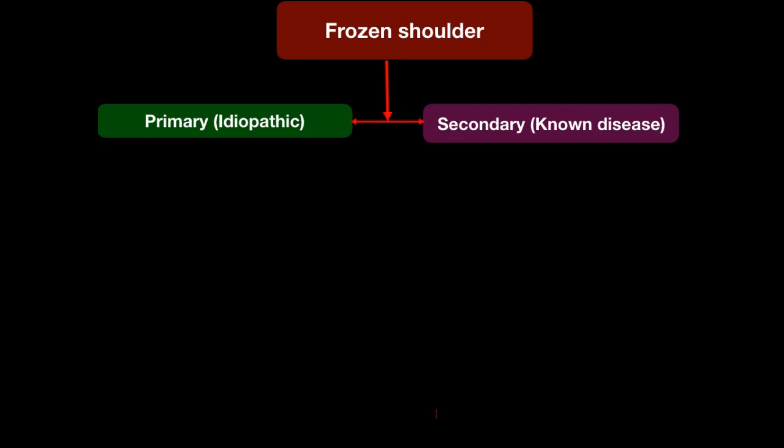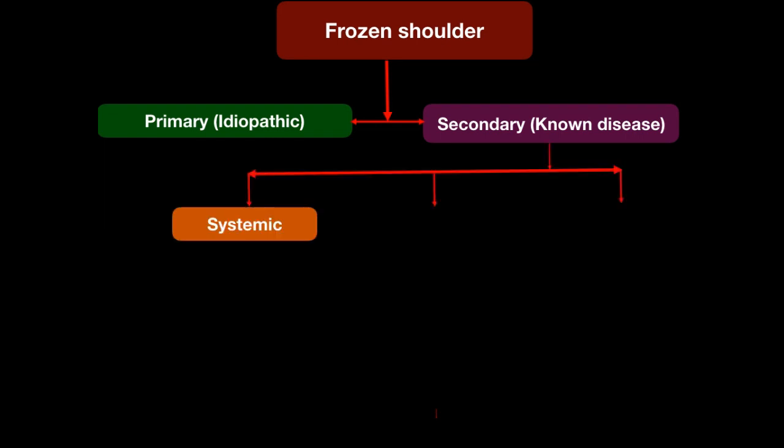The diagnosis of primary idiopathic frozen shoulder is by exclusion. If we exclude other pathologies that can cause frozen shoulder, then only can we label a frozen shoulder as primary or idiopathic.